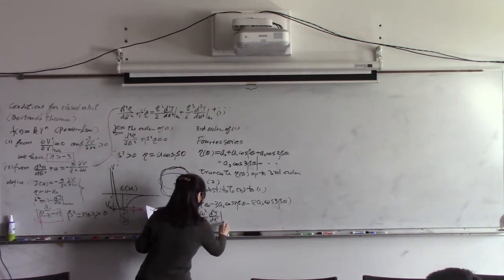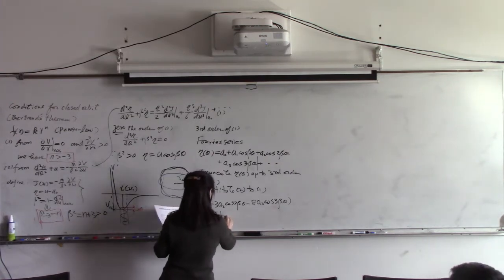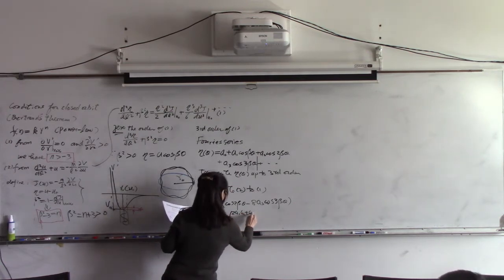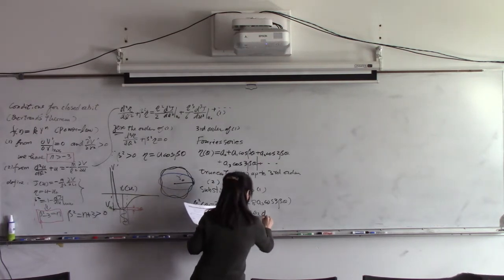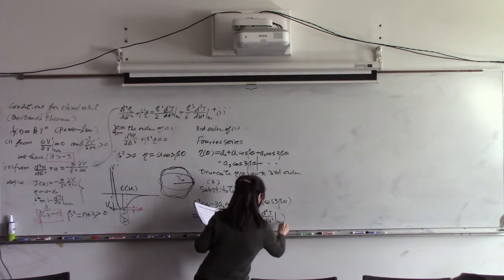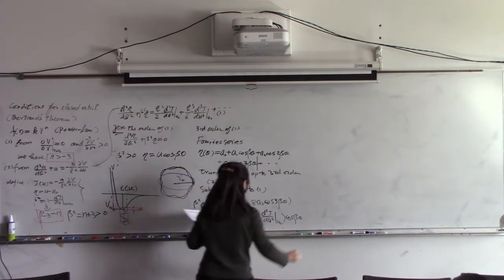This is a constant because this is only at u naught, right? And this is zeroth order, plus first order 2a1 a naught plus a1 a2 over 2 second order derivative, cosine beta theta.